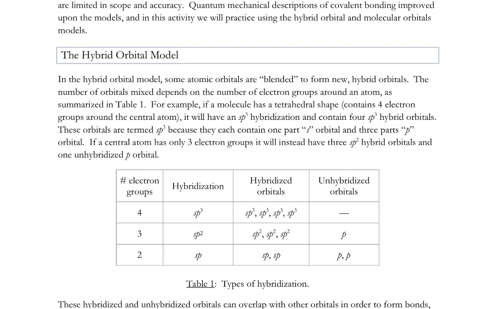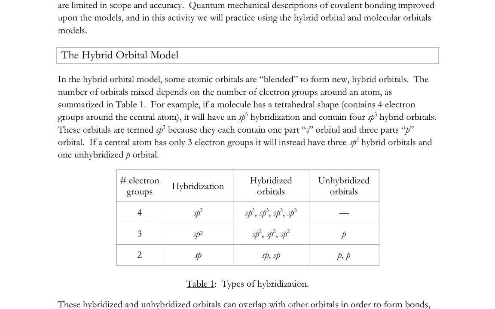Now, to figure out how these orbitals hybridize, we have to draw the Lewis structure of the overall molecule or ion that we're working with. And yes, for hydrogen, just leave it as the 1s atomic orbital.